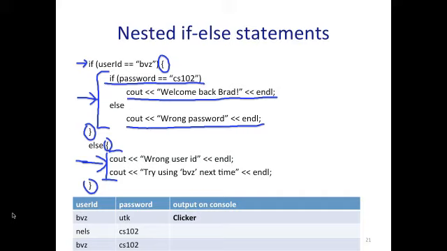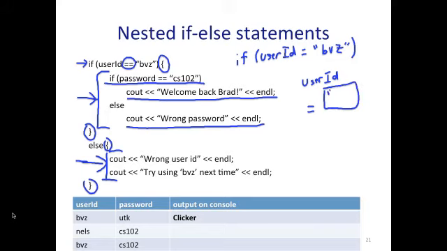The other thing to recognize is notice I use two equal signs here. Remember that the single equal sign is reserved by C++ for assignment. So if I simply said if user ID equals BVZ, I would not get the outcome I intended if, let's say, user ID was Nils, who is my brother.